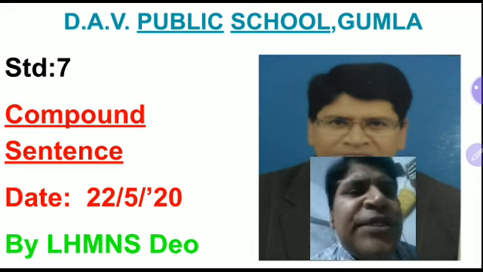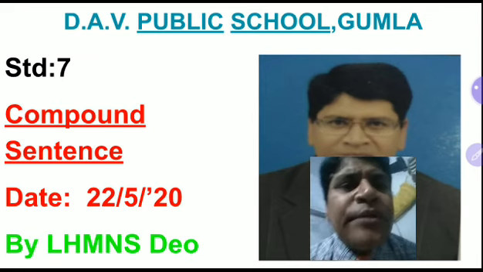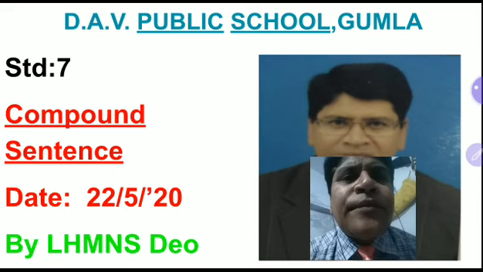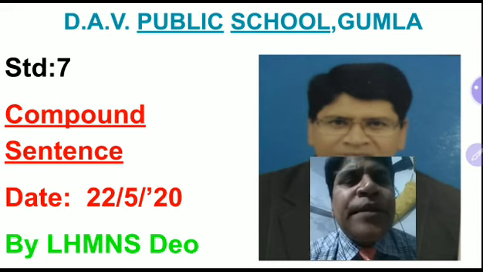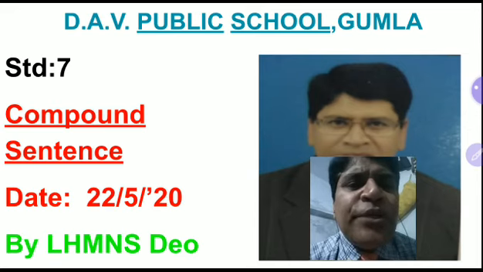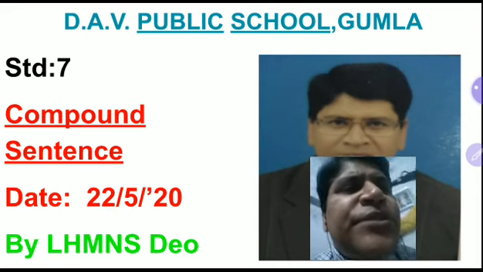These coordinating conjunctions are for, and, nor, but, or, yet, so. These conjunctions are known as coordinating conjunctions.